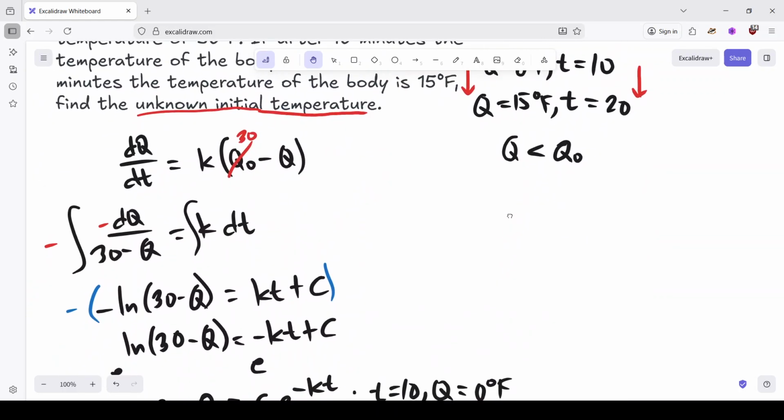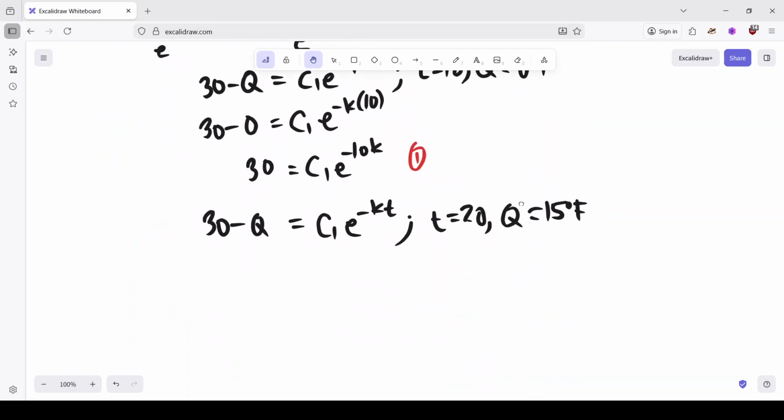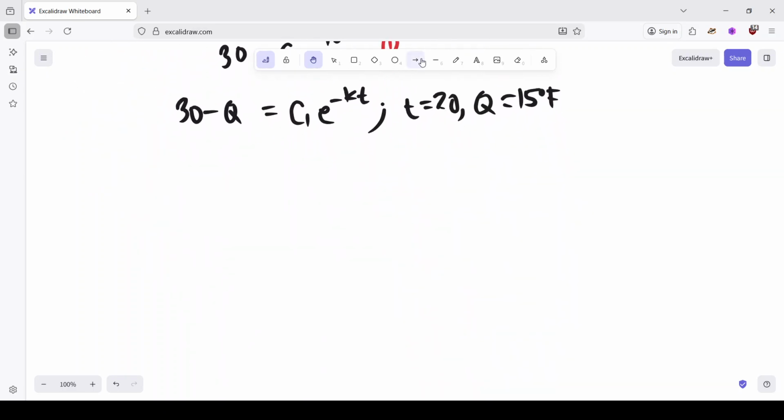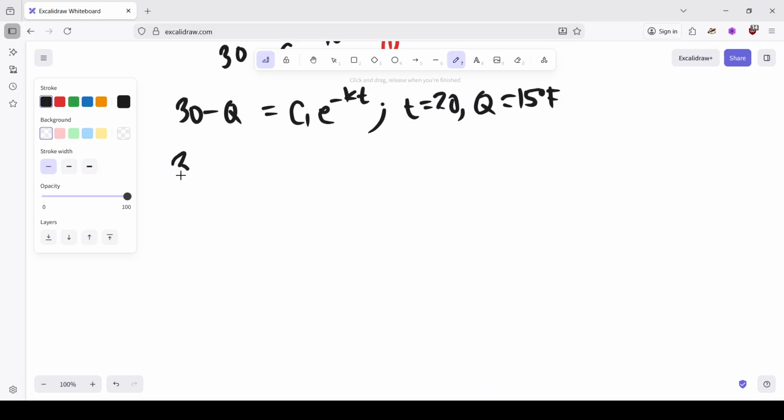Yep, 15 degrees Fahrenheit when time is equals to 20. Now let's simplify this one. So we have 30 minus 15 is equals to c1 e raised to negative k 20. Okay, so 15 is equals to c1 e raised to negative 20k.